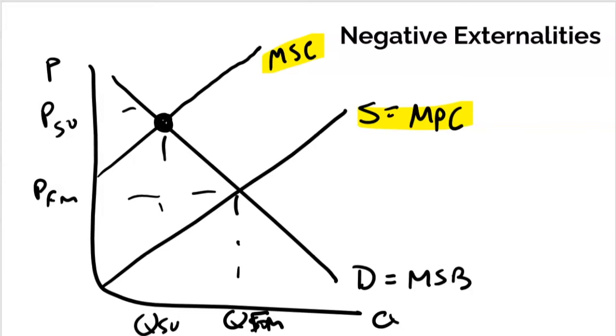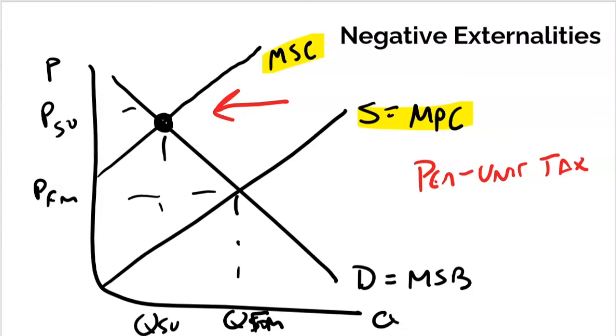Well, what should they do? The solution is a per unit tax. In other words, the government should set up an excise tax to tax the amount of the externality. Once the government institutes a per unit tax, our marginal private cost curve is going to shift to the left.